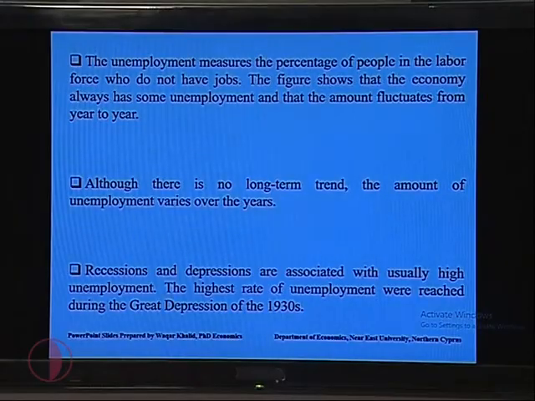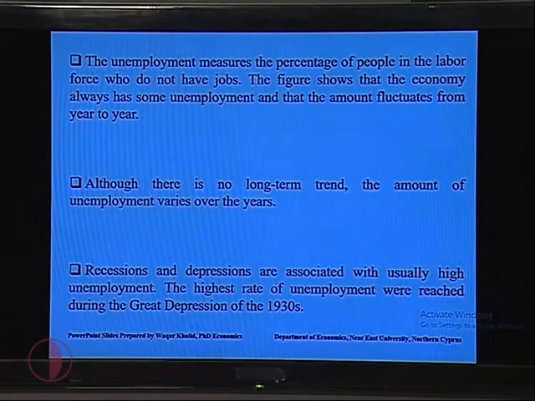So, the question is, what do we mean by unemployment? What does it measure? Unemployment measures the percentage of people in the labor force who don't have jobs. This figure shows that the economy always has some unemployment, and that the amount of unemployment fluctuates from year to year.